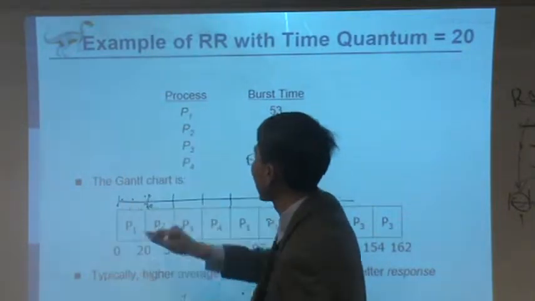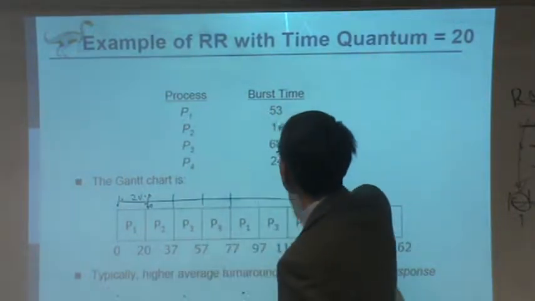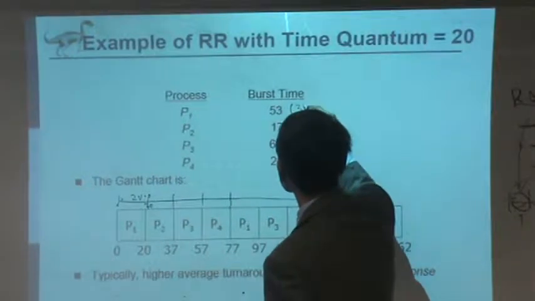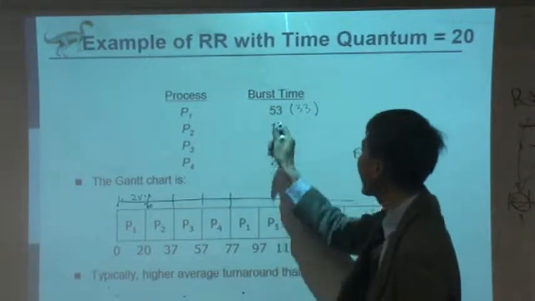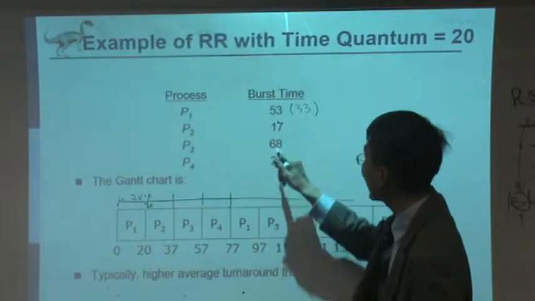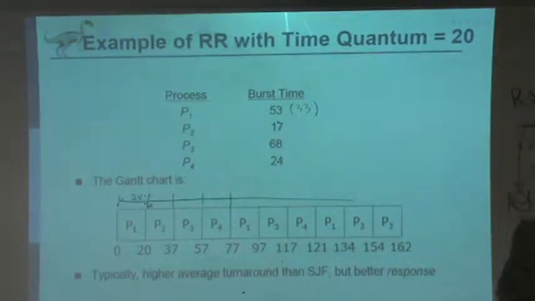P1 will take the 20 time slot, so the remainder is 33. Then next, P2. However, P2 needs less than 20, less than the size of the time slot. At that time, there might be 2 options.